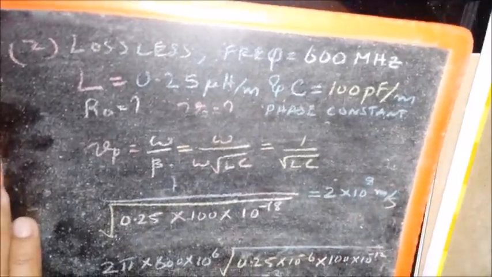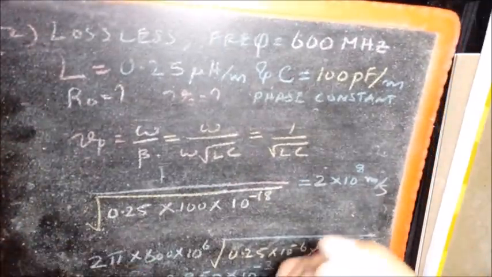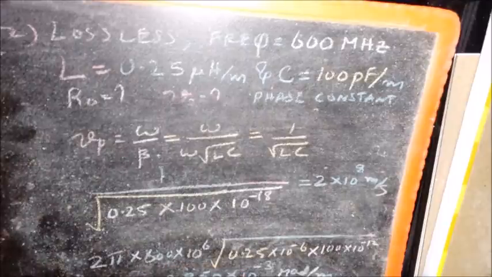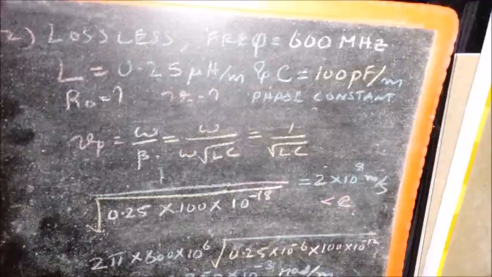So you can see that it is very close to the velocity c, though it is less than c. 2 into 10 power 8 meters per second. So that's the velocity with which the phase propagates on this particular transmission line.